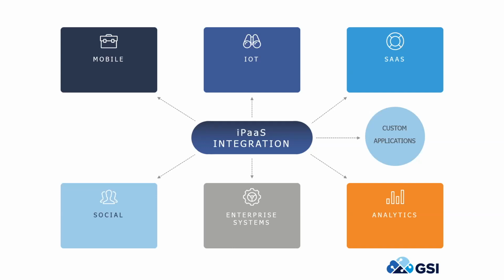Like in this case, we've got mobile devices coming in and they're talking to their ERP, your Internet of Things. All of them get connected in this software package, and you have one central location where all your integrations are.